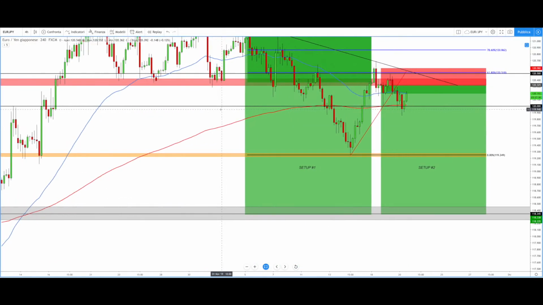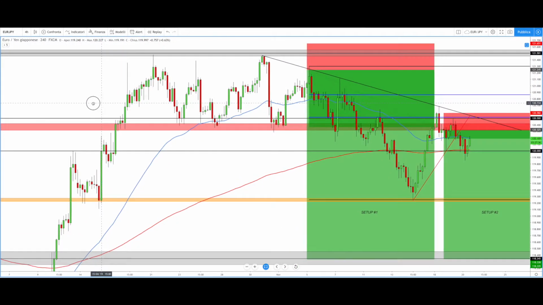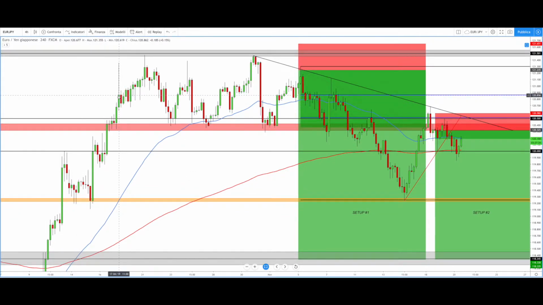And we can see that after this bullish phase, the price here tried to go higher and to reach the key level 121.50, but failed to go higher, and here the price formed a clear upper shadow, a massive bearish signal for the next days.